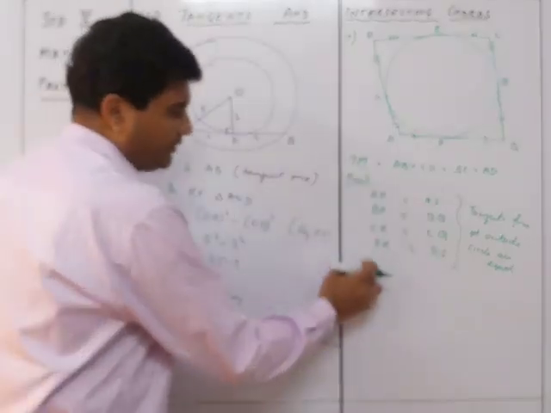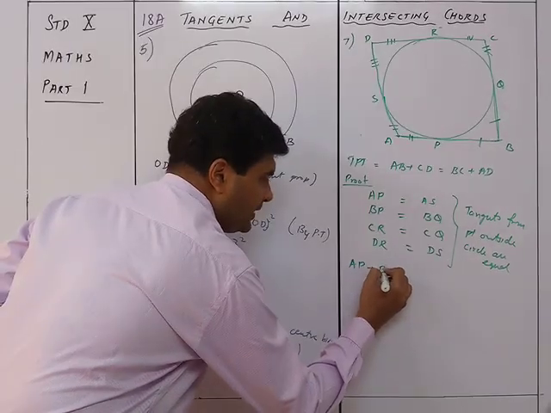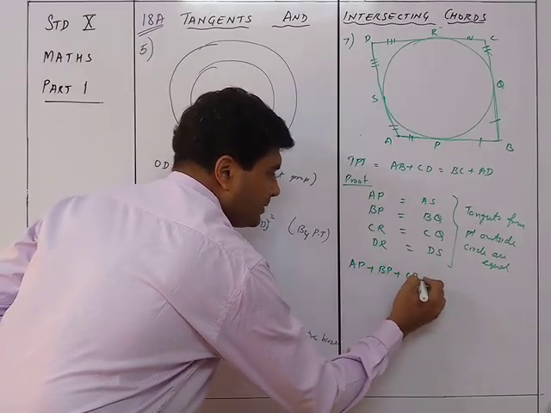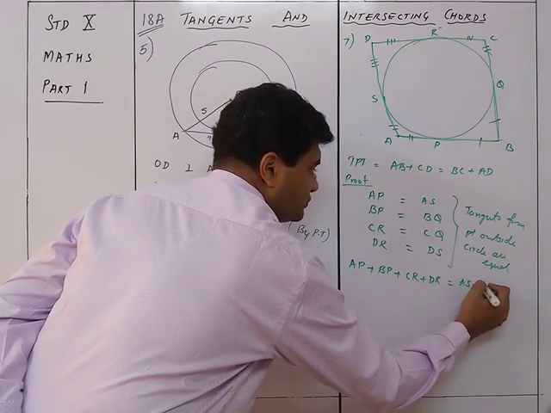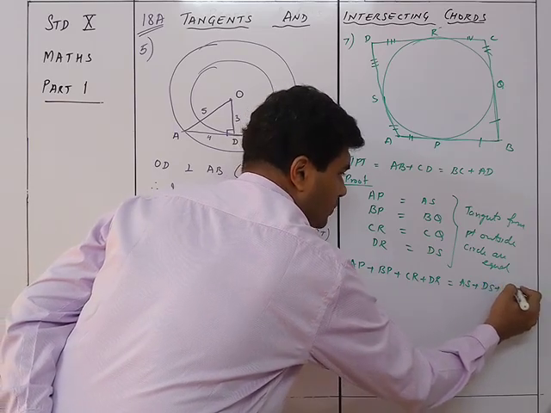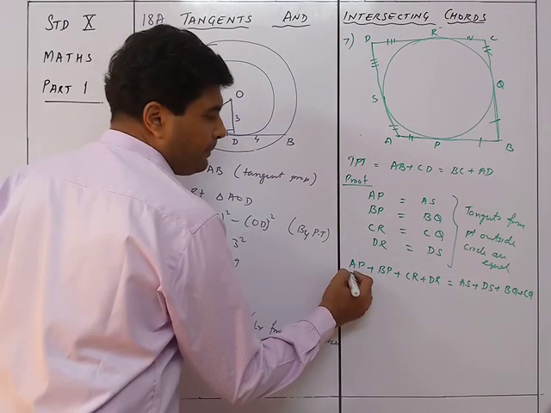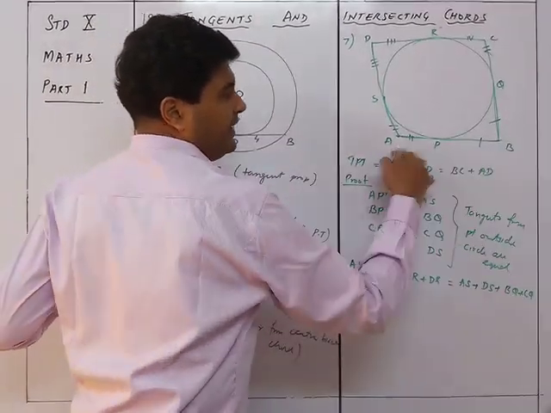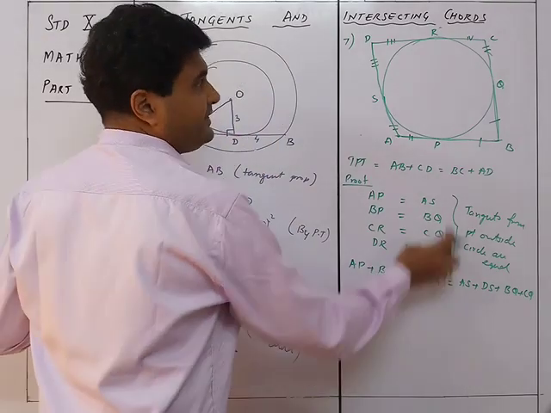Now let's add all of them. So what we have? AP plus BP plus CR plus DR is equal to AS plus DS plus BQ plus CQ. What is AP plus BP? AP plus BP is AB. What is CR plus DR?